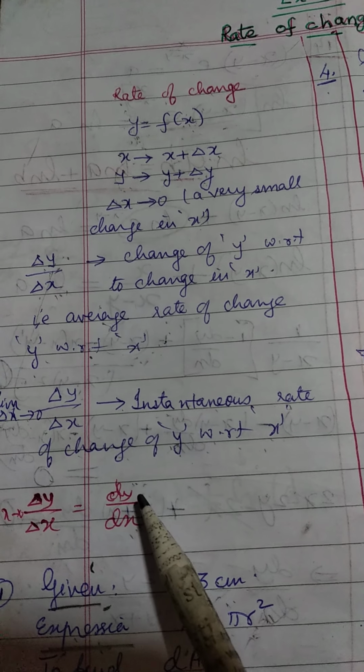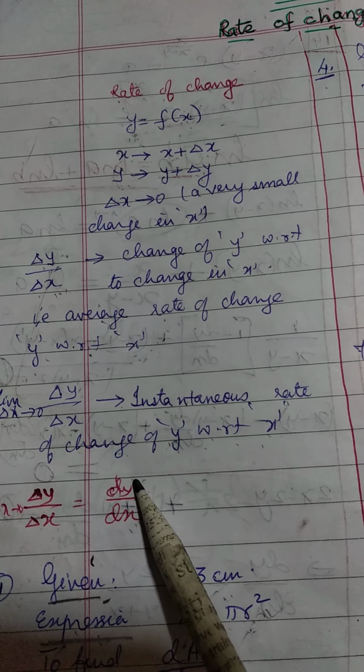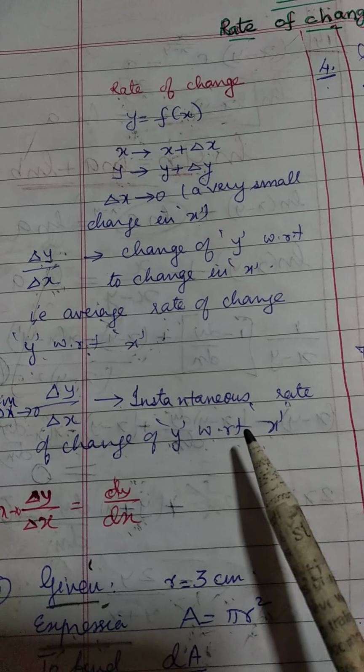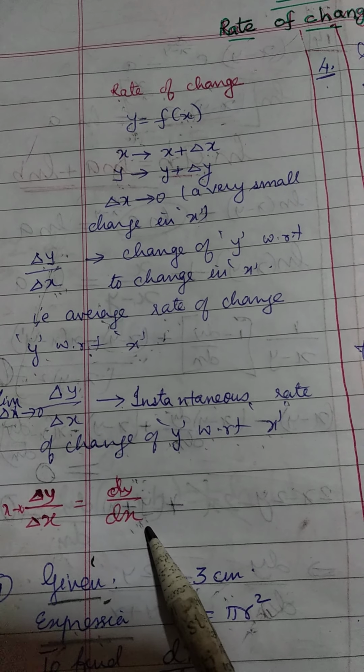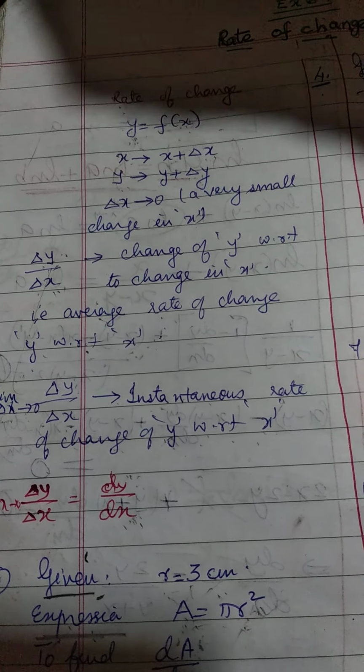So what we have to see is which varying quantity varies with respect to its dependent variable. So this thing I'll be explaining through the questions of the NCERT textbook.